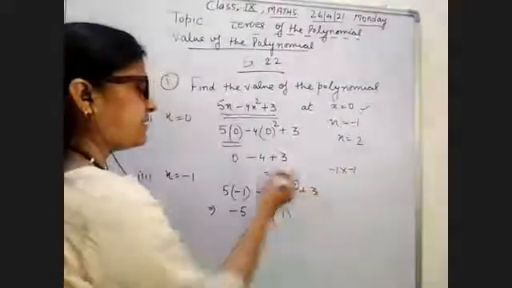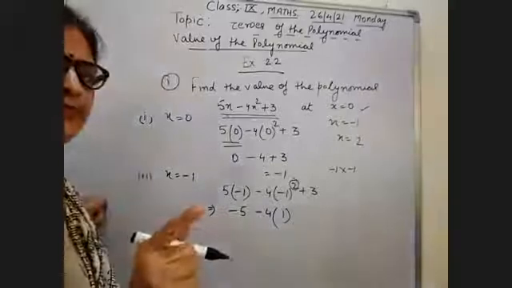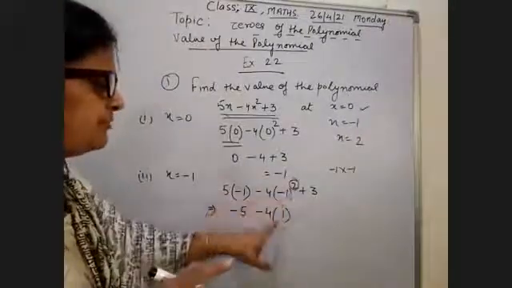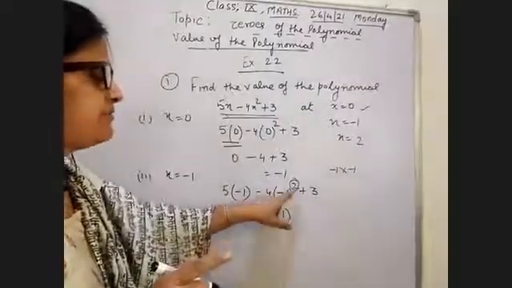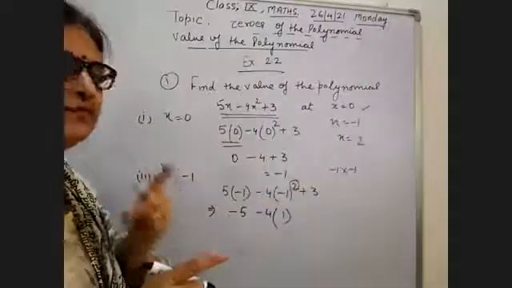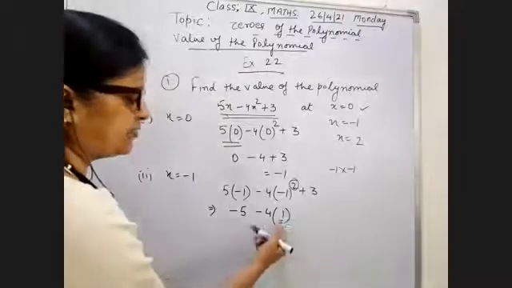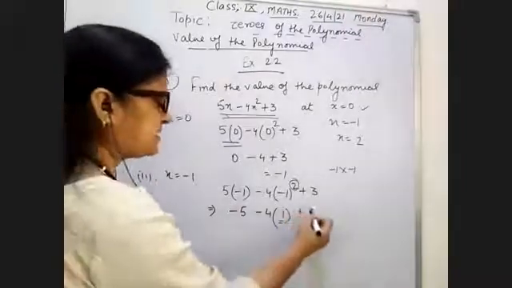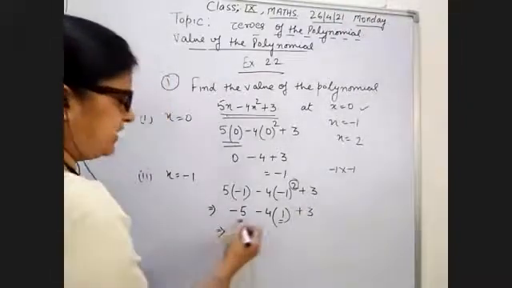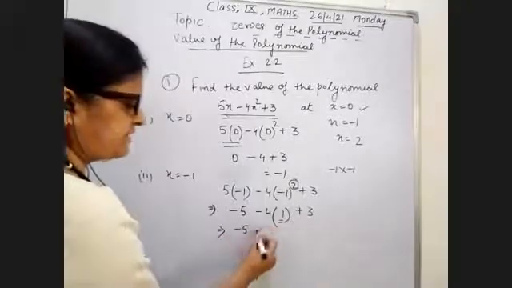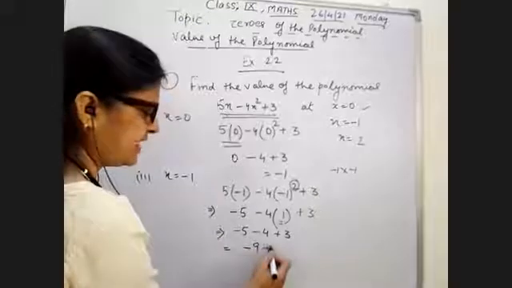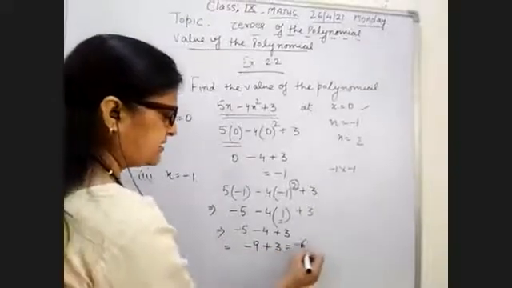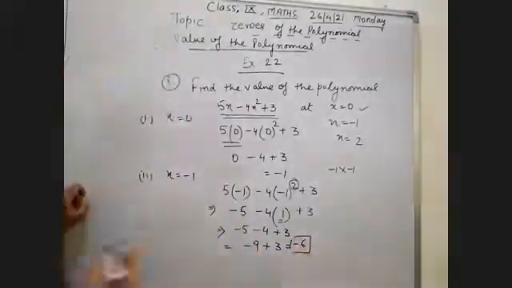When the power is even, the result is positive; when it is odd, we keep minus 1. Now the power given here is even, so we put the positive sign. So minus 5 minus 4 plus 3 is minus 9 plus 3, which is equal to minus 6.